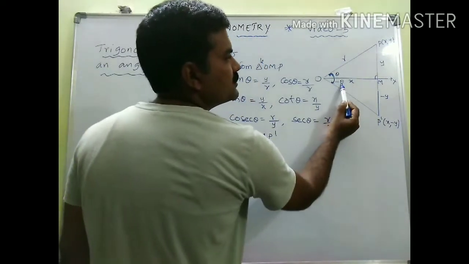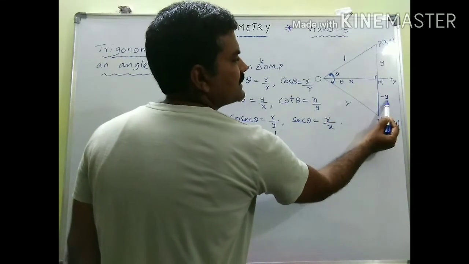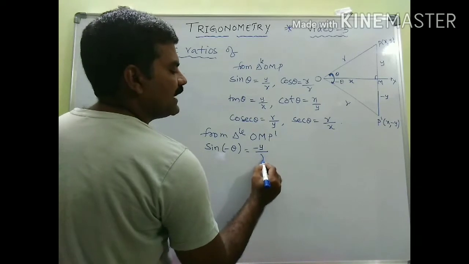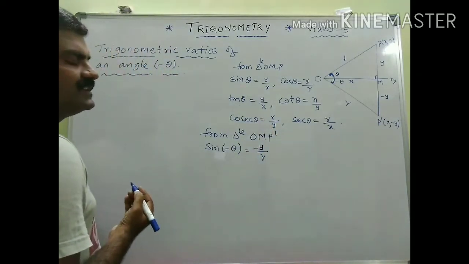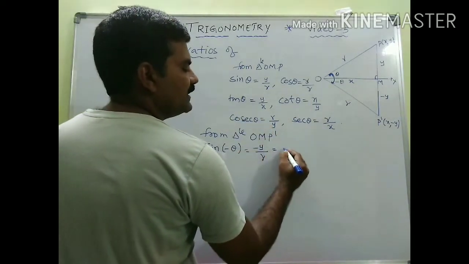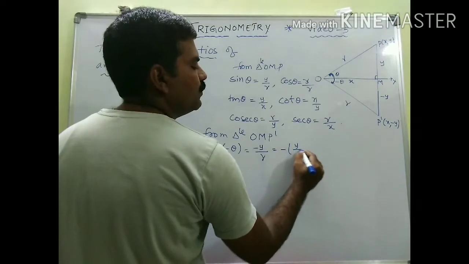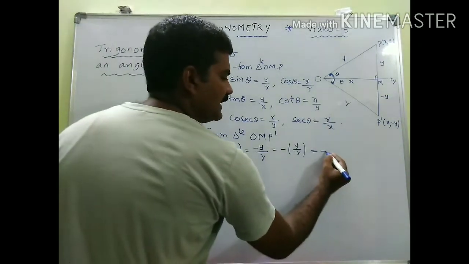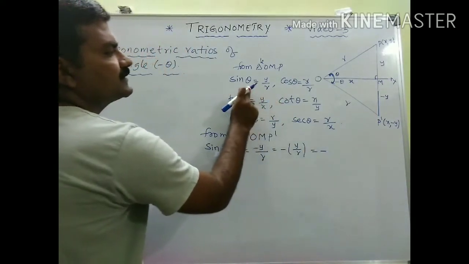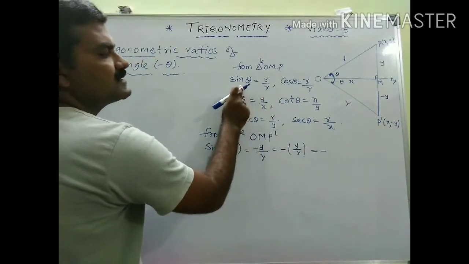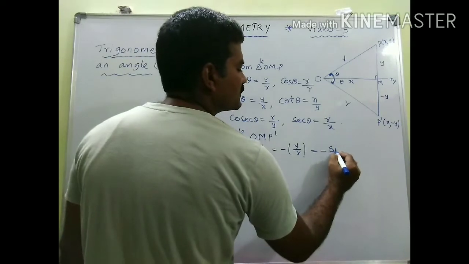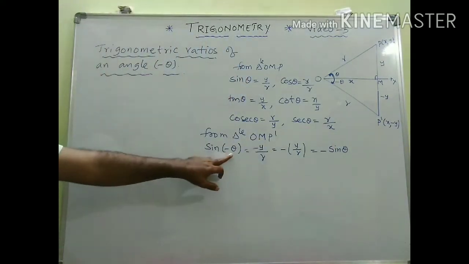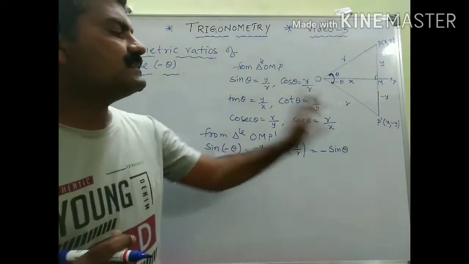What is opposite to minus theta? It is minus y, and the hypotenuse is r. So this is minus y by r, and y by r is nothing but sine theta. Therefore sine of minus theta is equal to minus sine theta.